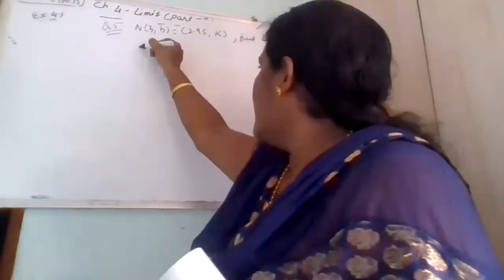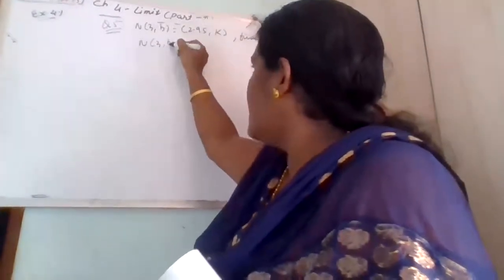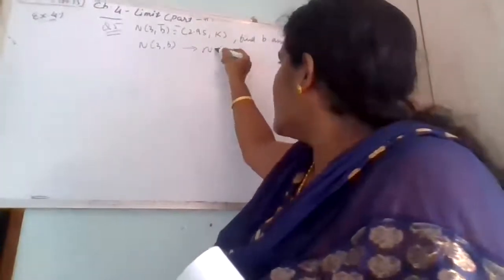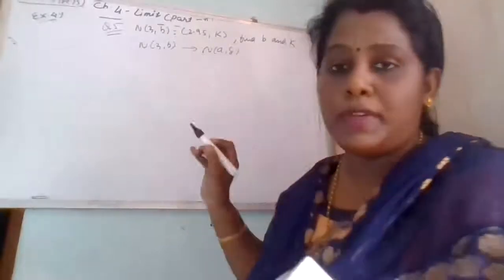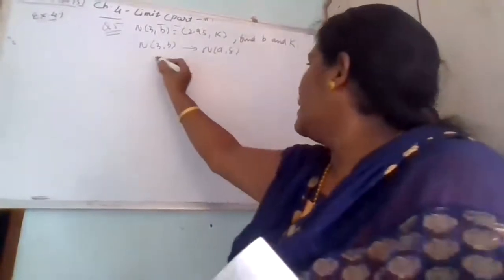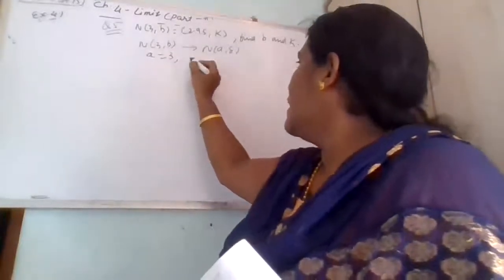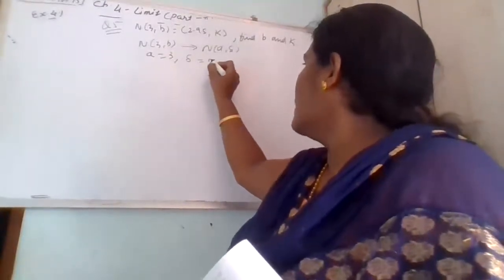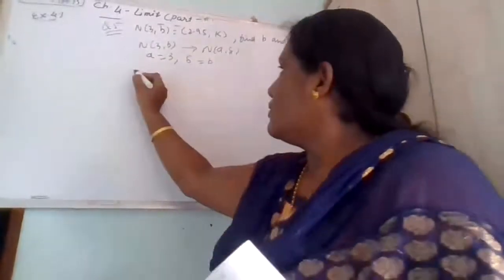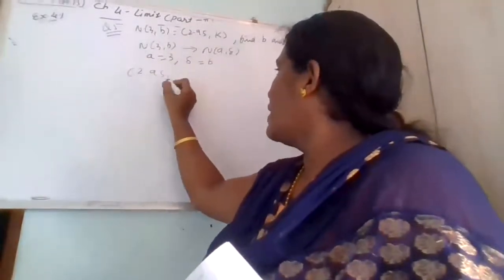Now here N(3, b), so this is neighborhood form, that is a comma delta. So here in place of a they have given 3, and in place of delta they have given b, right? Then next, what is given: 2.95 comma k.